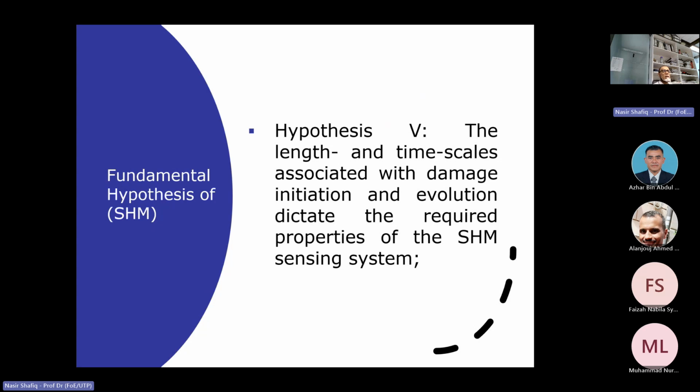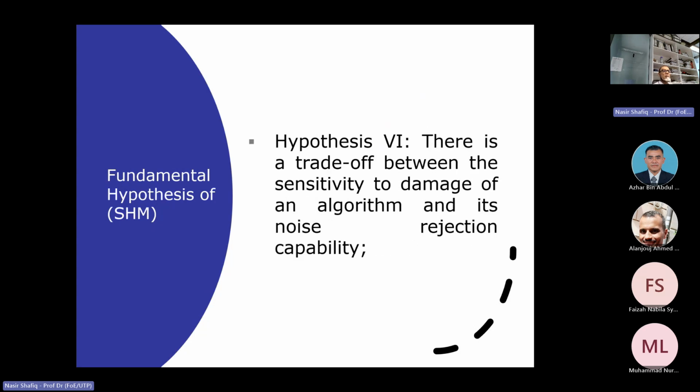And the last: the length and time scale associated with damage initiation and evolution dictate the required properties. So if propagation is slow or fast, that will indicate the material property.